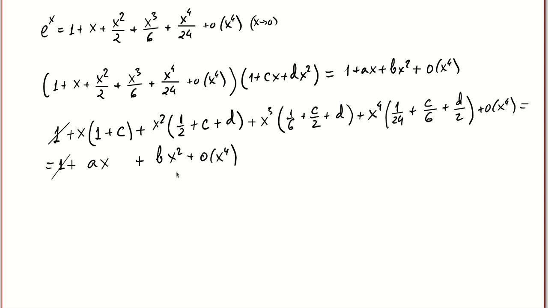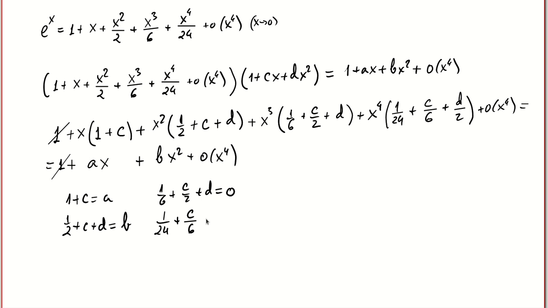So from the first one you get 1 plus c is equal to a. The second one gives you 1/2 plus c plus d is equal to b. The third one gives you 1/6 plus c/2 plus d is equal to 0. And the last one gives you 1/24 plus c/6 plus d/2 is equal to 0.